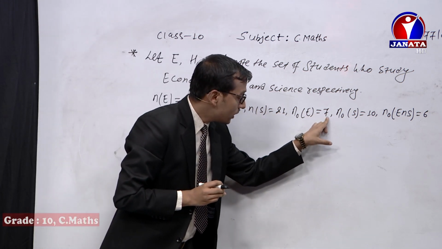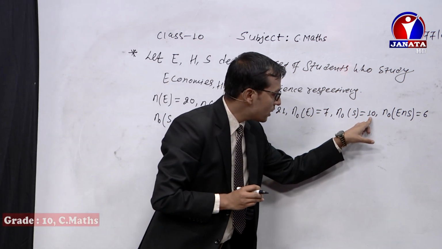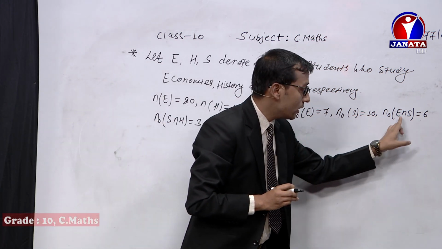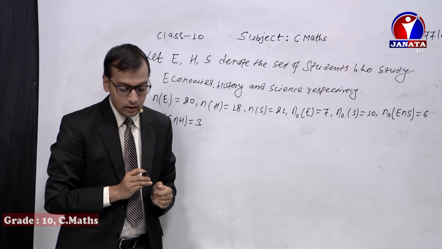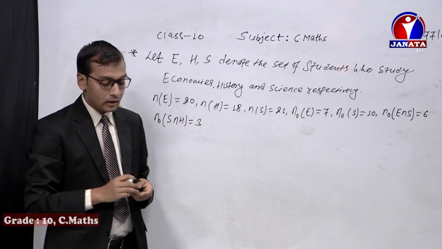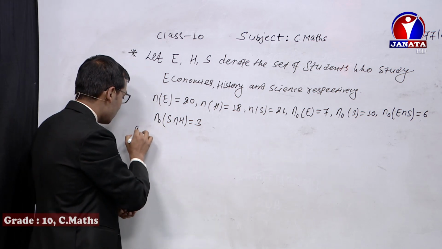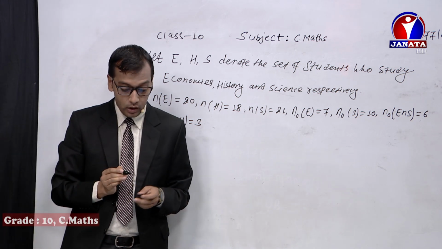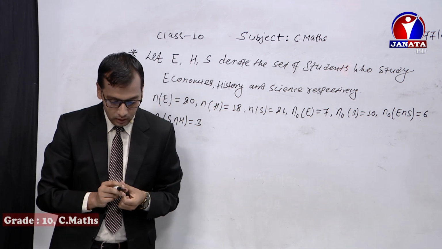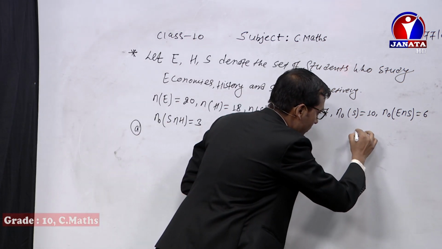Now 7 students study economics only, 10 students study science only, and 6 students study economics and science only, 3 study science and history only. So these are the information given to us. Here we are asked to show all this information in a diagram. So represent the above information in a diagram. We can draw the diagram. Let's draw the diagram at the side.